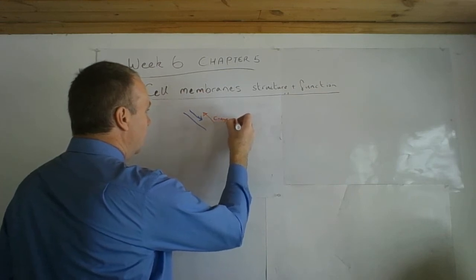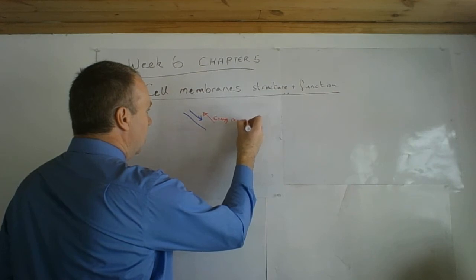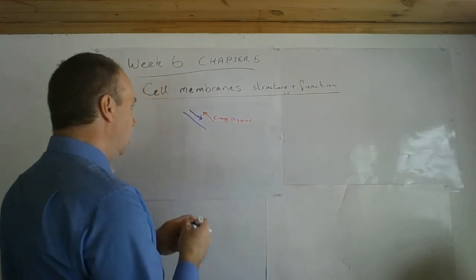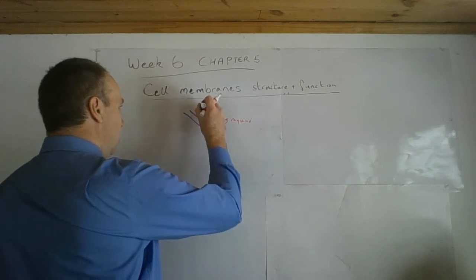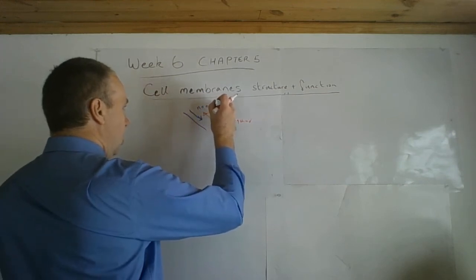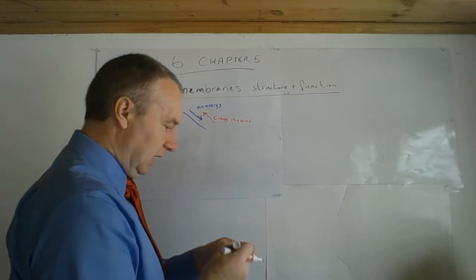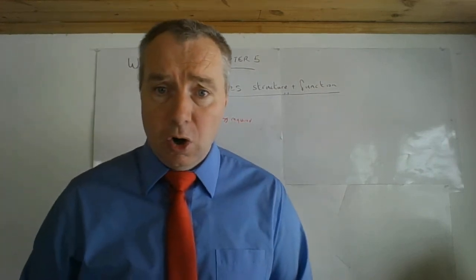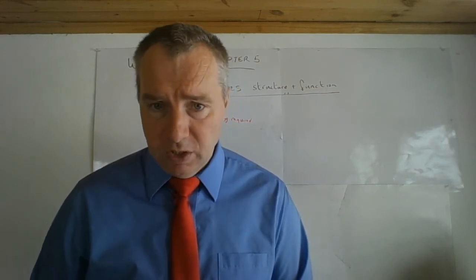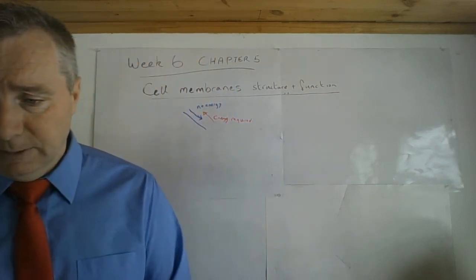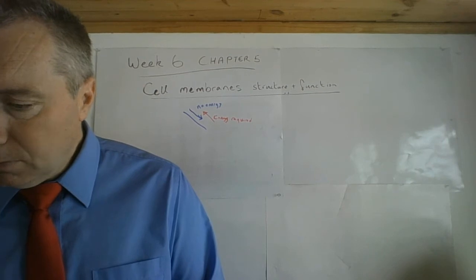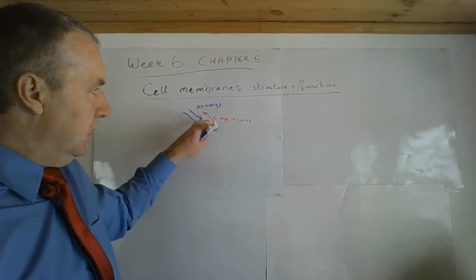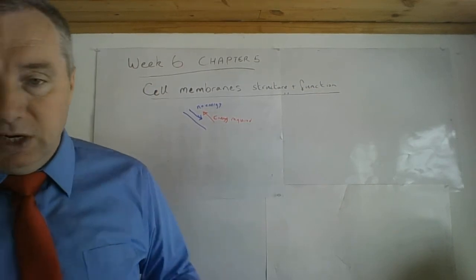Energy required. You could think of it as letting a car roll down a hill or trying to push a car up a hill. Which one requires the energy and which one doesn't. So we have passive transport and energy required transport.